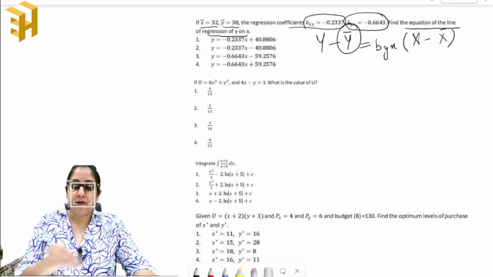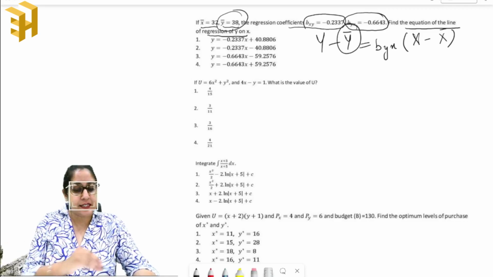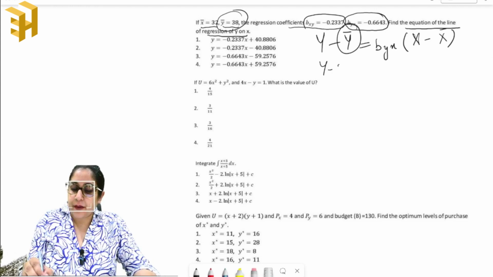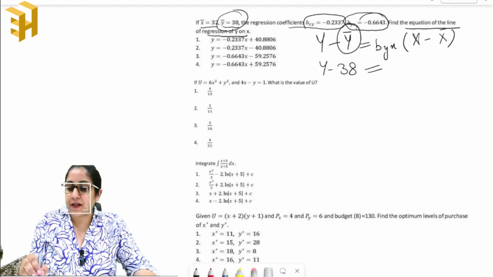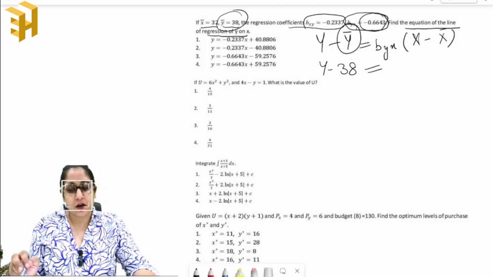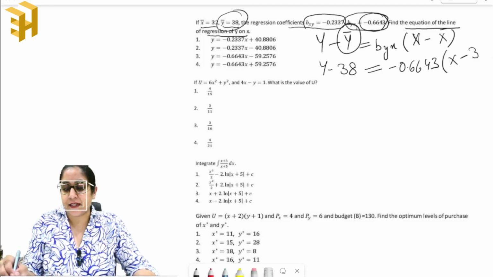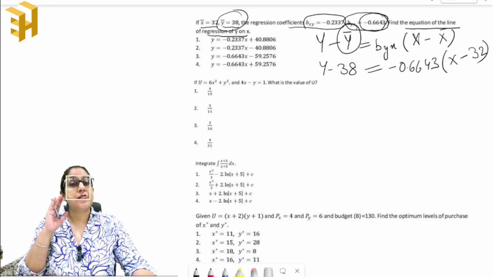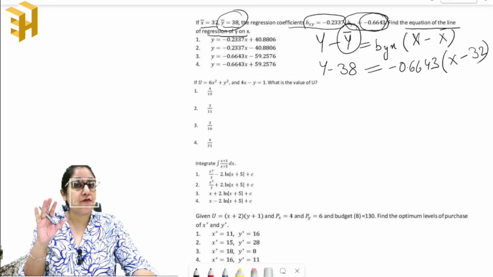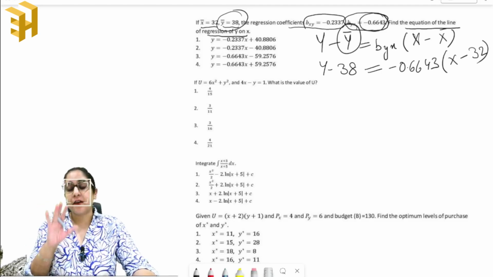Y mean is given to us as 38. So we'll do y minus 38 is equal to byx, which is given as minus 0.6643, multiplied by x minus x mean, which is given as 32.